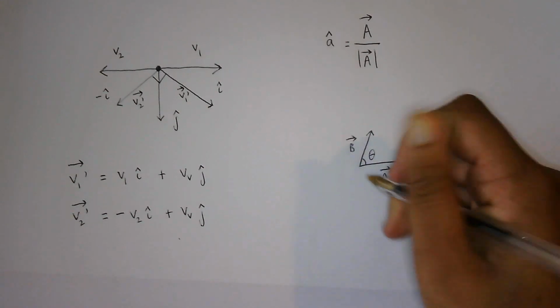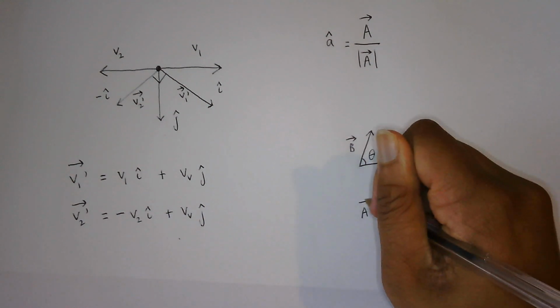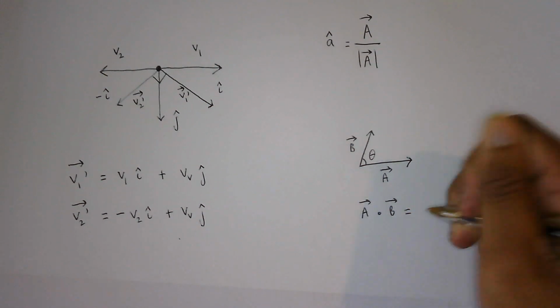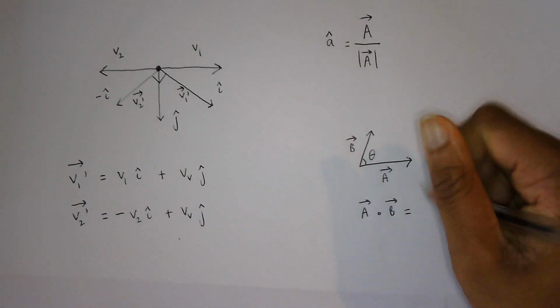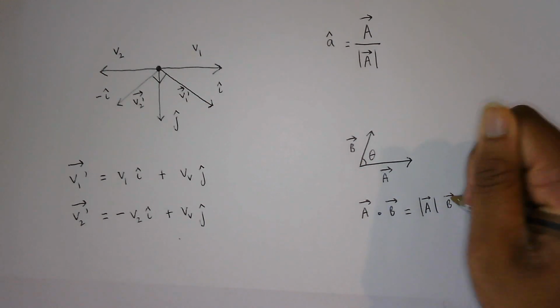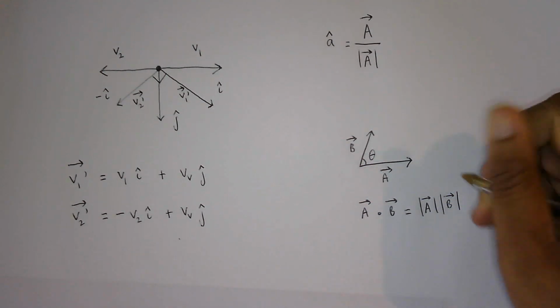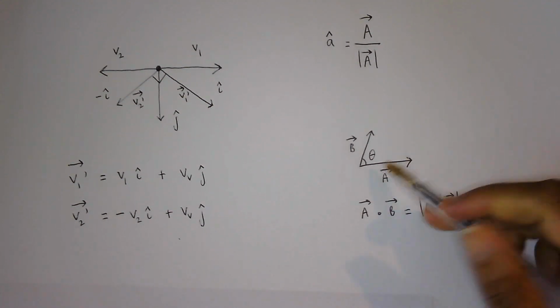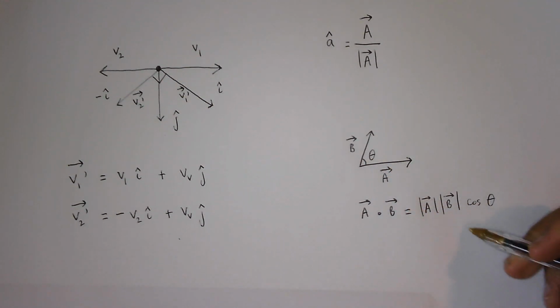We can do something called a dot product, so A dot B, and this is equal to A, B, their magnitudes, cos theta, where theta is the angle between A and B.